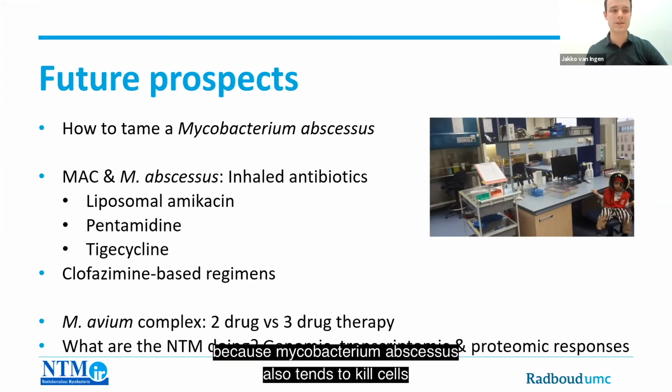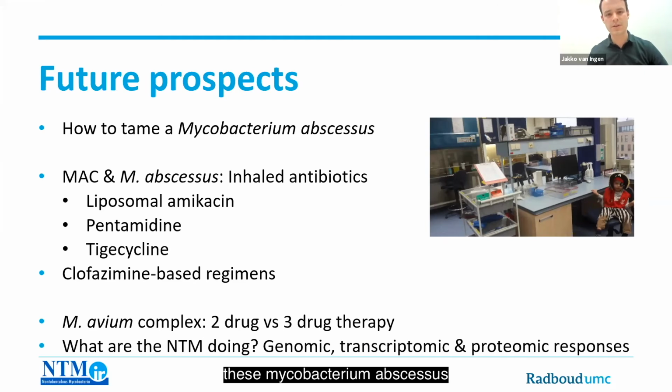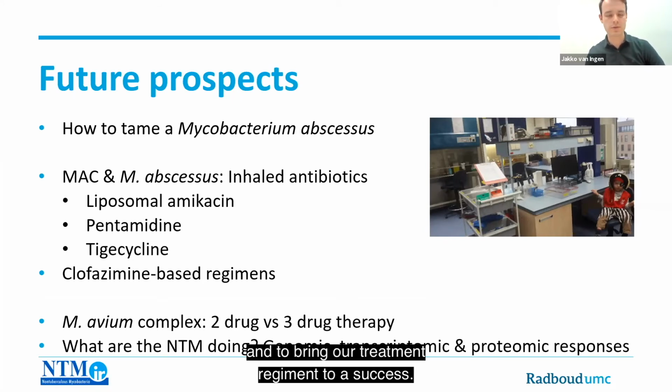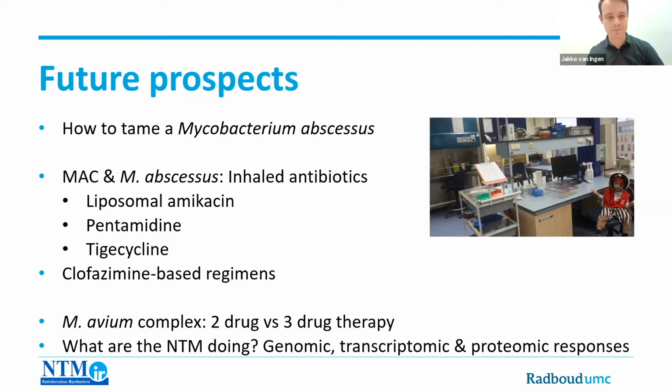Mycobacterium abscessus also tends to kill cells, and within our hollow fiber infection model, it also tends to kill our macrophages. So we're finding out how we can ensure that it doesn't kill our macrophages, and bring our treatment regimen to a success.